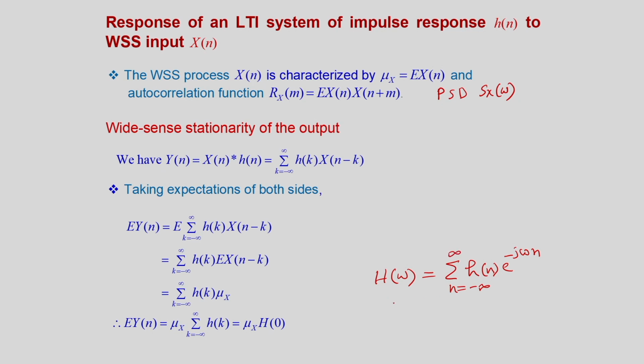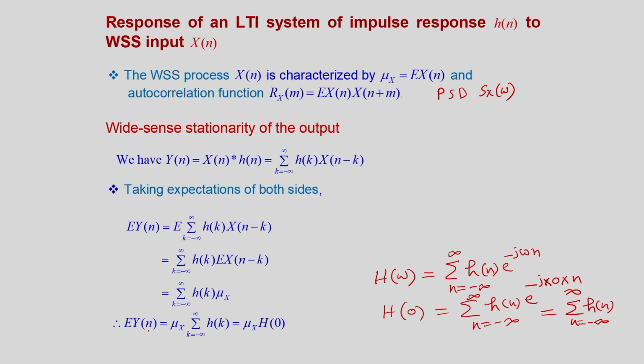Now, we will put omega is equal to 0, H(0) will be equal to summation h[n] e to the power minus j 0 into n, and that will be 1, n going from minus infinity to plus infinity, that is equal to summation h[n], n going from minus infinity to plus infinity.